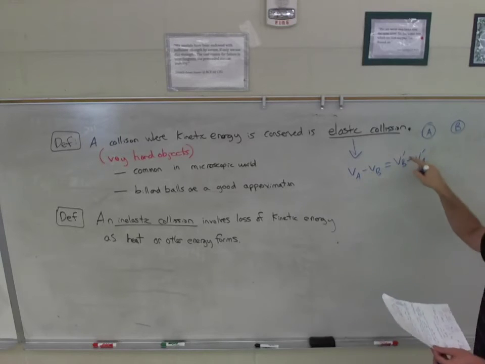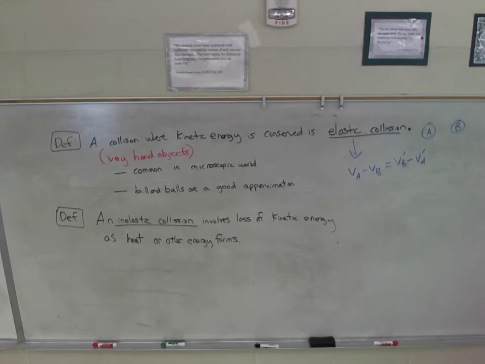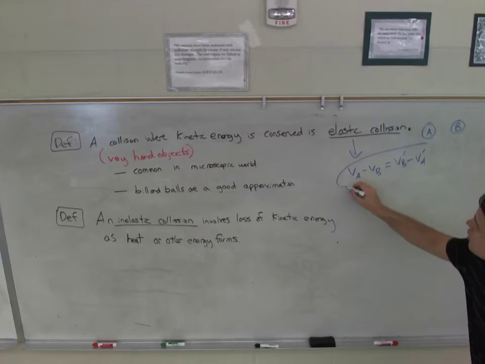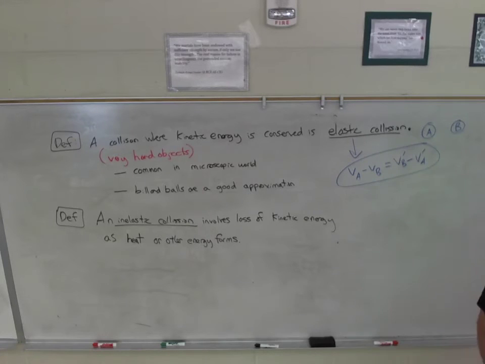Those little primes do not mean derivative if you're in calculus. Those primes mean after. In physics, if anything has a prime in it, you can probably bet it means not before, but after. It's just another notation they use. So if we have an elastic collision between objects, we can use this to help us, and we'll see where we need that right away. We're going to use that in 2 examples, and we'll be done.